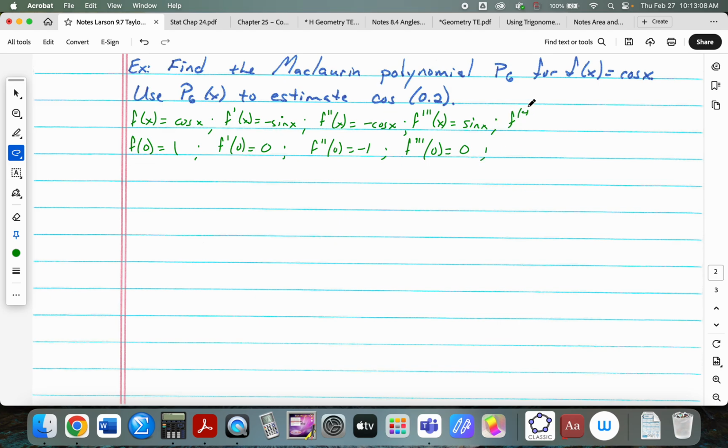Then f super 4 of x is going to be back to cosine of x. So f super 4 at 0 is 1, and then this is going to repeat itself, right? So without having to work everything out, f super 5 at 0 is going to be 0, and f super 6 at 0 is going to be negative 1. Keep following that same pattern.